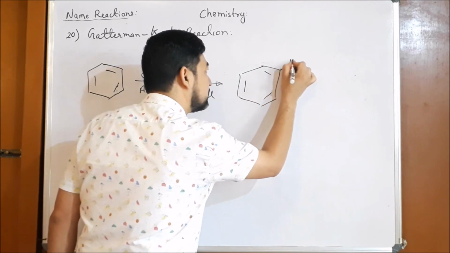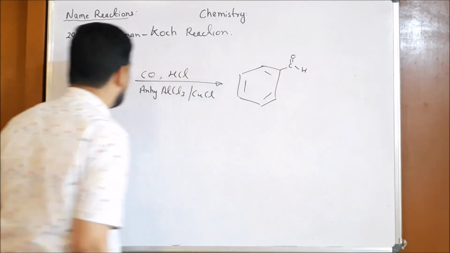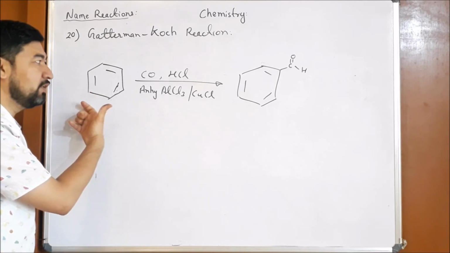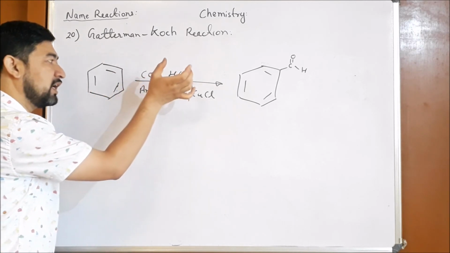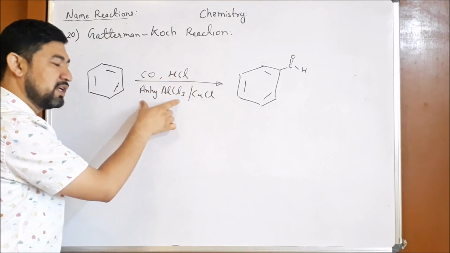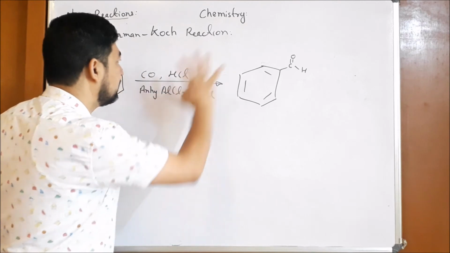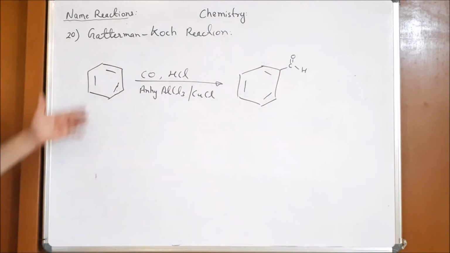So the conversion of benzene or its derivative with the help of carbon monoxide, HCl and anhydrous AlCl3 or CuCl, cuprous chloride, gives benzaldehyde. This reaction is known as the Gattermann-Koch reaction.